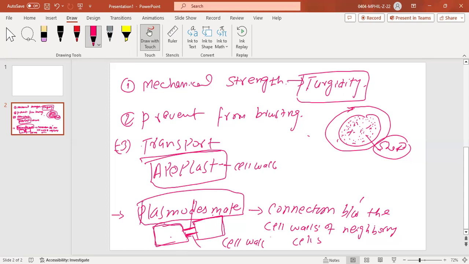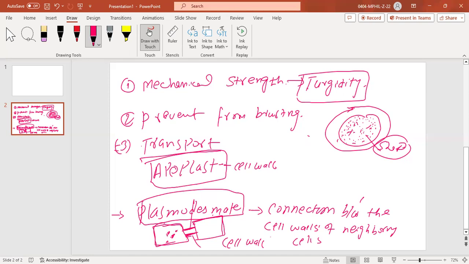Okay, so you can add something else here as well: these are non-lignified connections in plants, and they transfer material from one cell to another. I have told you that its main function is to transfer material. For example, there is a molecule on this side and some water on this side.